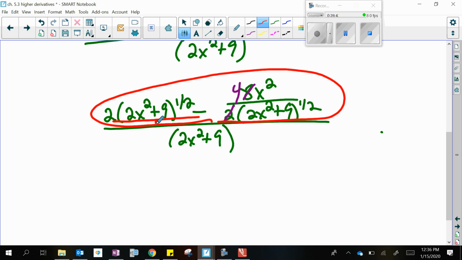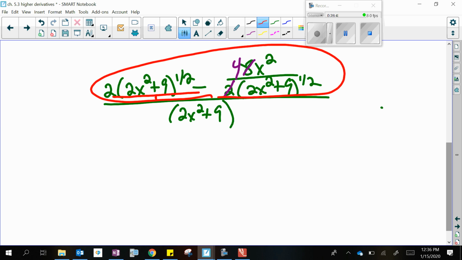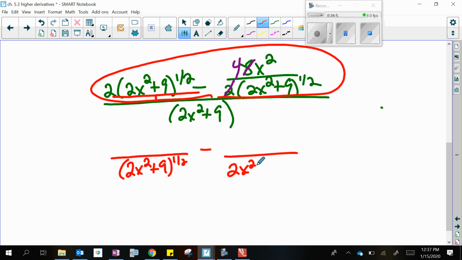2x squared plus 9 to the 1/2. So down here, I'm going to write 2x squared plus 9 to the 1/2. Well, actually, I don't usually do that. Actually, oh, hang on, let me do this differently.